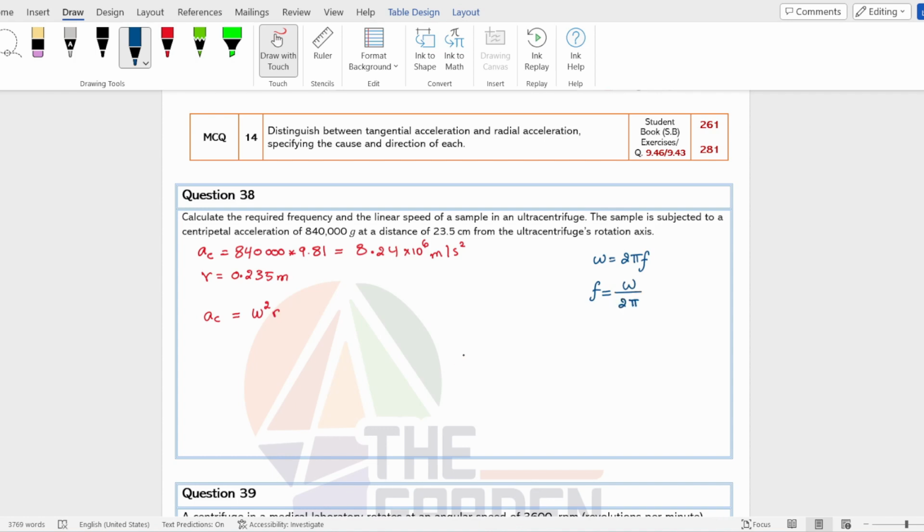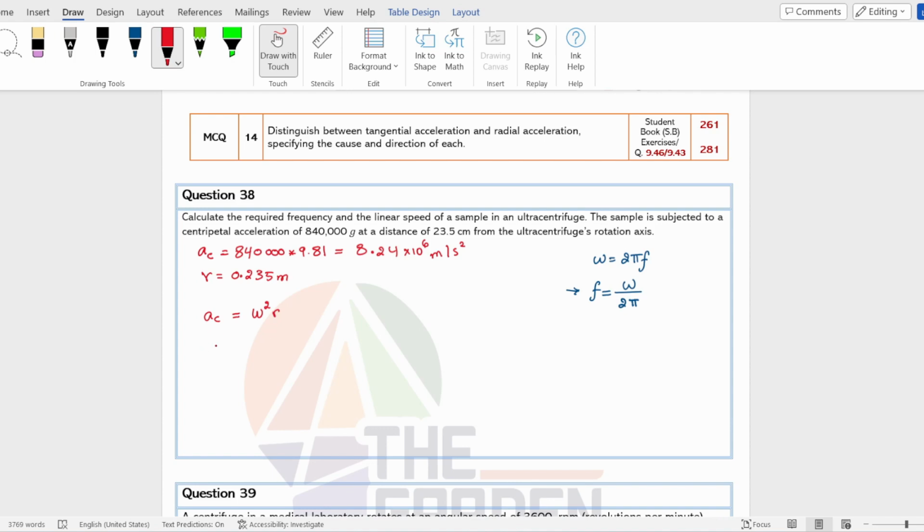Nice. Now we just plug in the values that we found into this equation. Or we can substitute this value in the main equation to find a relationship for the frequency. We can do that. Let's make it simple. We just remove this. So again, we go back to this equation.